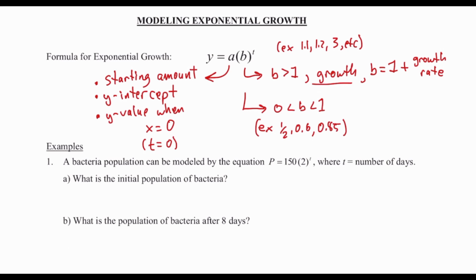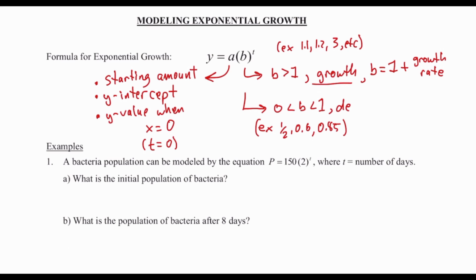It can't be 0 because if we're multiplying by 0, my graph just goes to 0 and it's always 0. And it can't be 1 because if my b value is 1 and this is my a value, my graph just never changes. I'm just multiplying a by 1 over and over again. Nothing changes. So it can't be 1 and it can't be 0, but it can be any number in between.